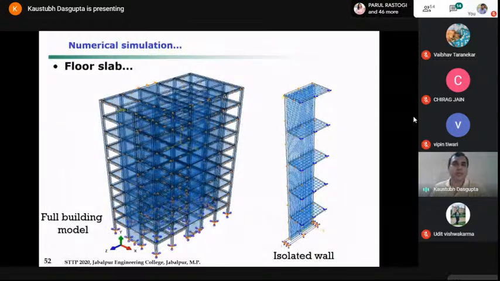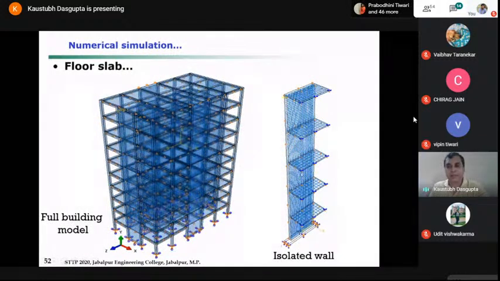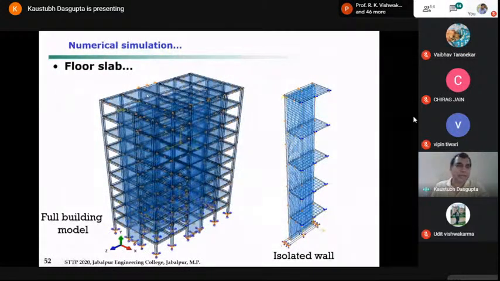So the intention was, if we isolate this model, like the wall and the connected slabs, and then we try to simulate the behavior, how far does this type of modeling simulate the actual behavior of the wall and slab in the entire building. This was our primary intention of the study, and then obviously to understand the damage also. So we attempted both types of models. Okay.